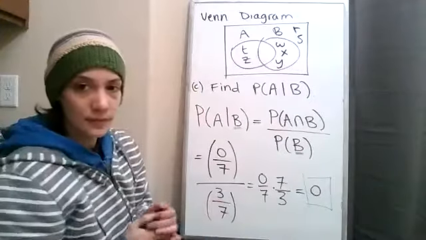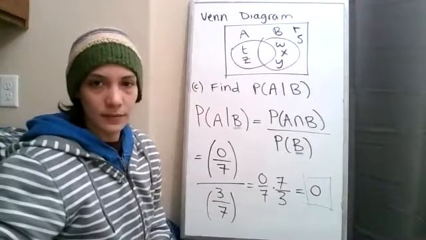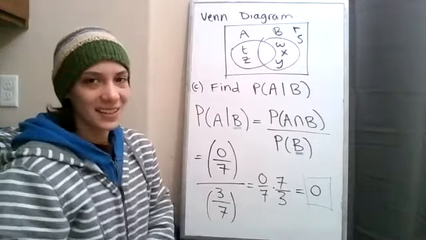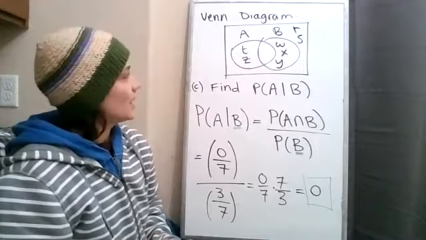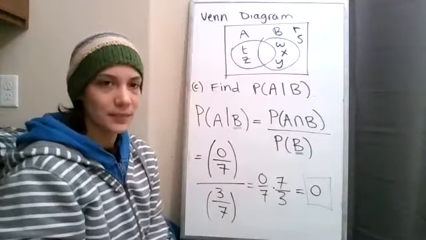Is that just saying that A and B don't influence each other in either way because there's nothing that's related between the two? Yeah, that's good. And these events don't have an effect on each other. It's a perfect way to say it.